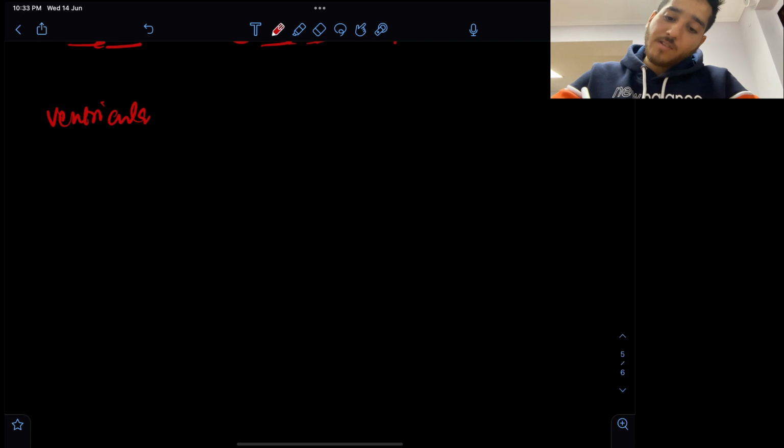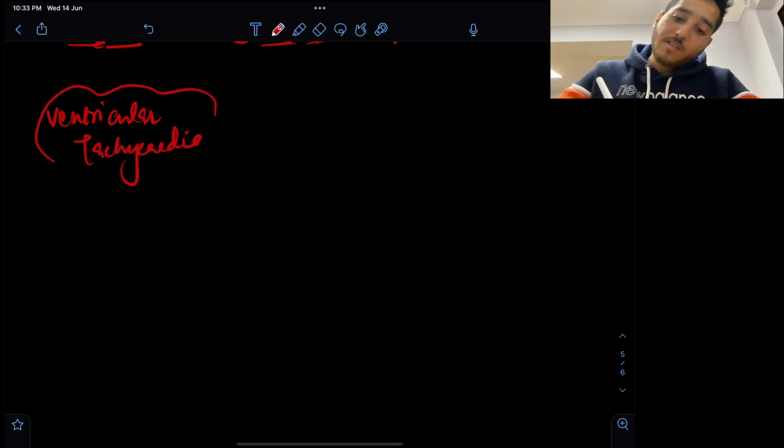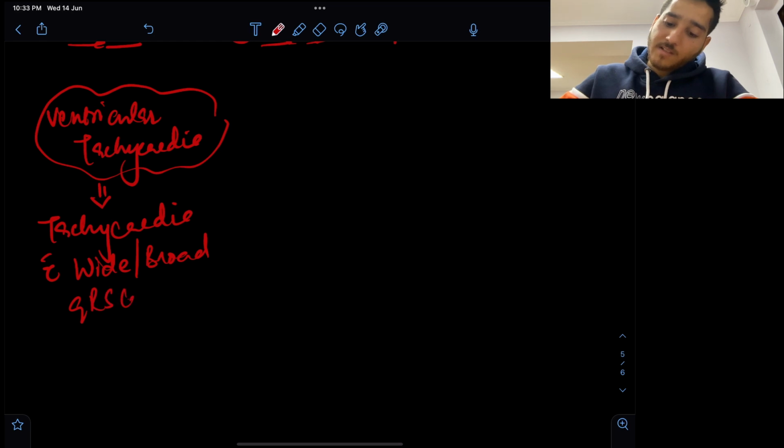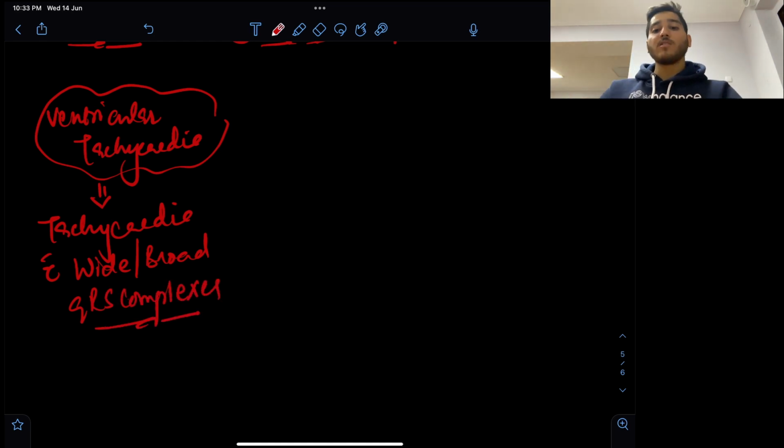In ventricular tachycardia, we have understood that there should be a tachycardia with wide or broad QRS complexes. Then we will call it ventricular tachycardia.